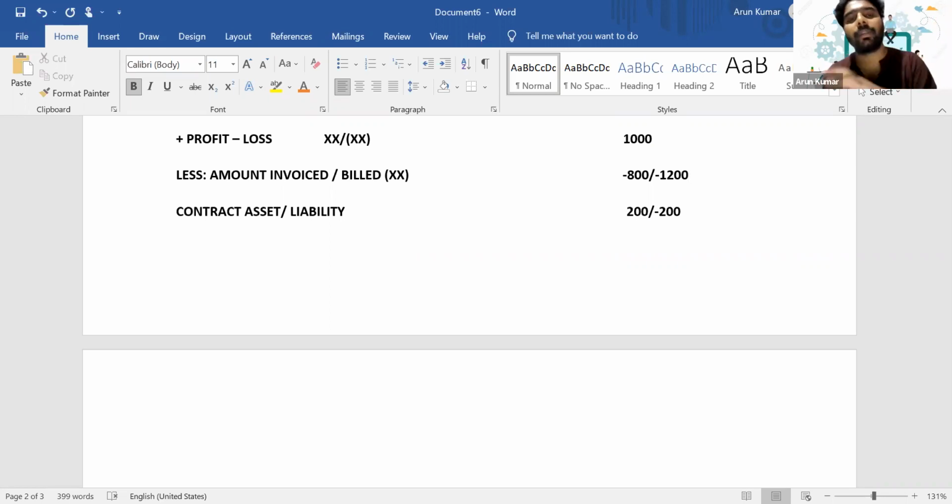The contract asset will be recorded as a current asset in your SOFP, and the contract liability will be recorded as a current liability. Is it clear, everyone? Okay, fine.